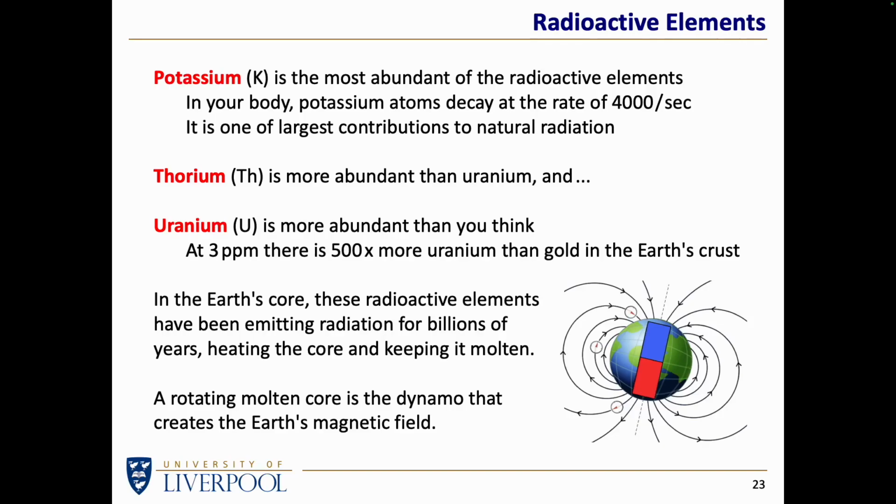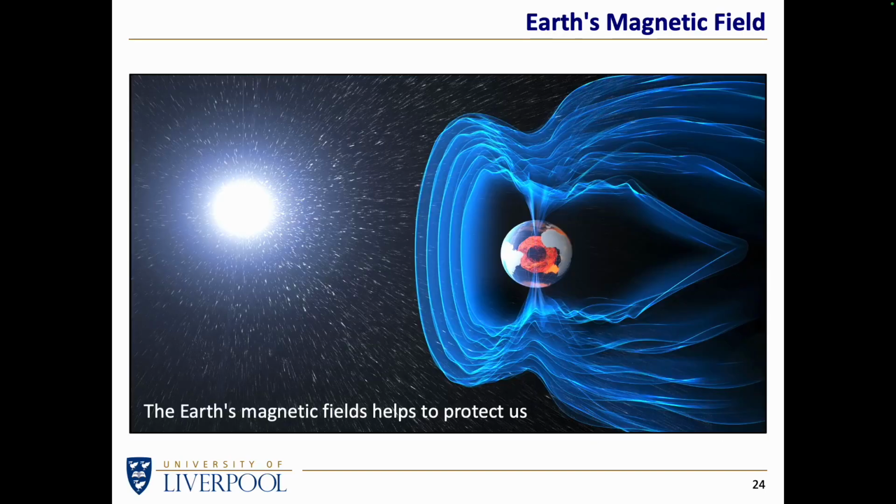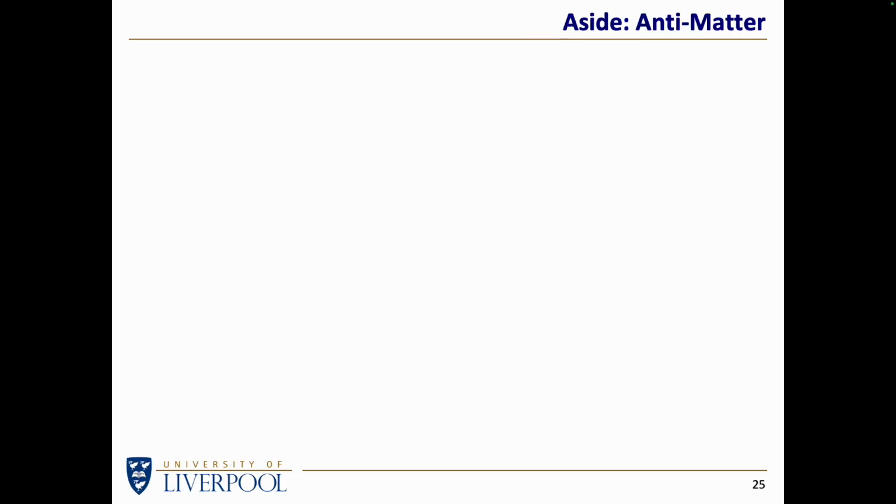It's all to do with internal radiation from these radioactive samples. A molten core that's rotating gives you a magnetic field, and lo and behold, a magnetic field helps protect us from radiation from space. So there's the circle of life, if you like. Radioactive elements are responsible for protecting us from radiation. It's a little bit ironic, but there you go.